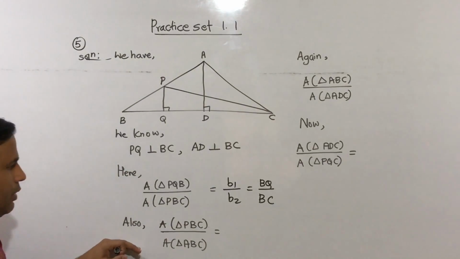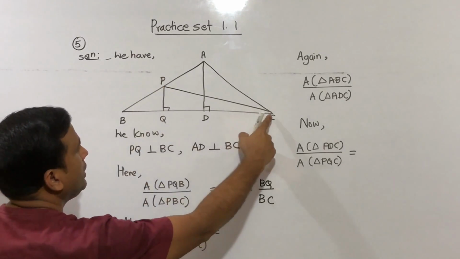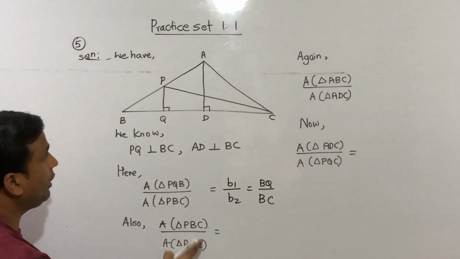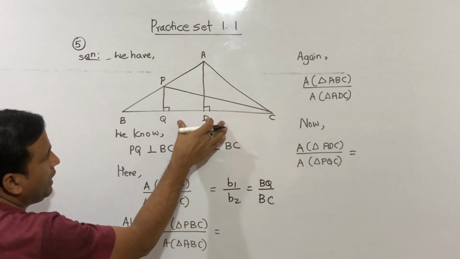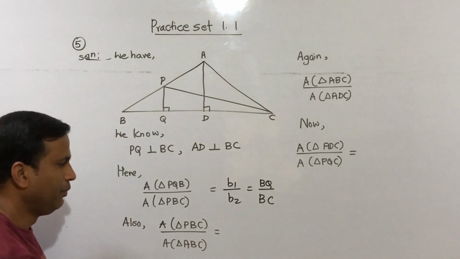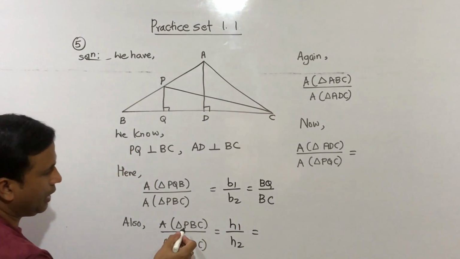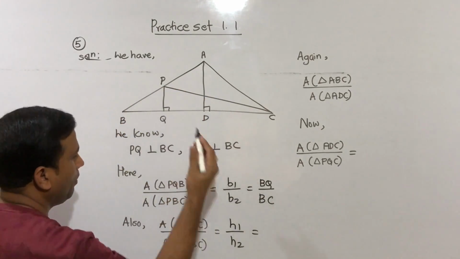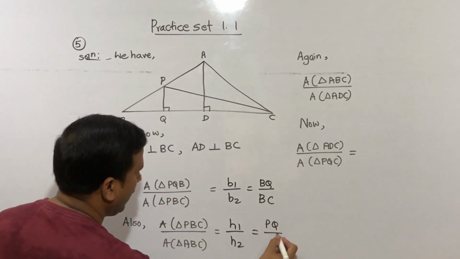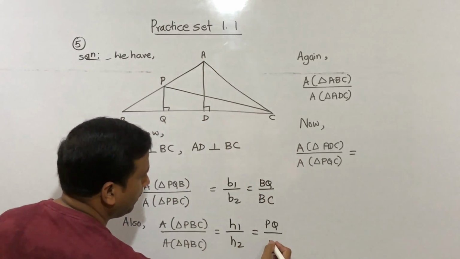Now we'll see the second one. In triangle PBC and triangle ABC, if you see the bases, BC is common. Therefore, here you will get the ratio of their heights. The height for triangle PBC is PQ, and the height for ABC is AD.